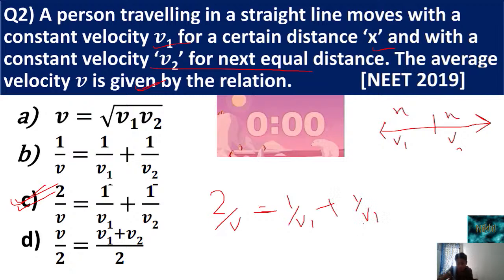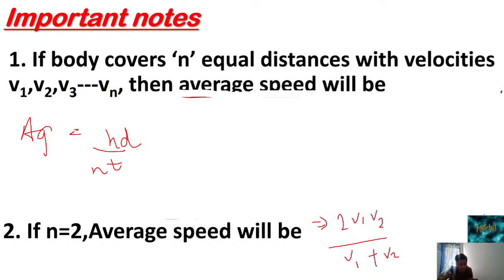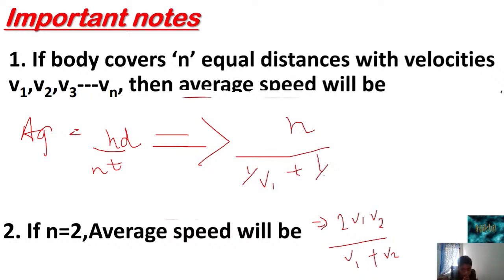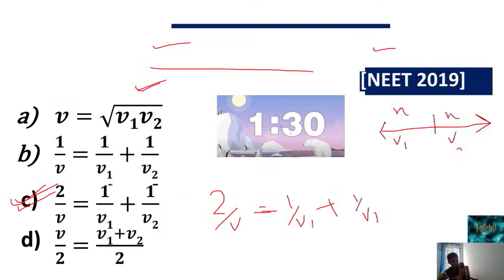Guys, you can solve it with the formula that we have done in the previous slide. Sorry for not telling you the formula. For n equal distances, it is n by v equal to 1 by v1 plus 1 by v2 till 1 by vn. So you will solve this with the trick and you will know the answer.